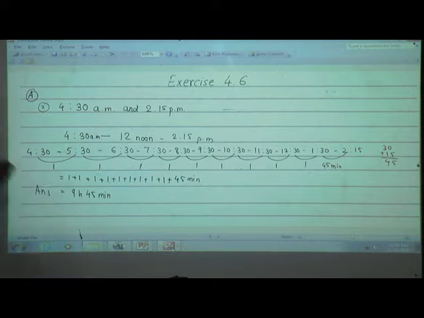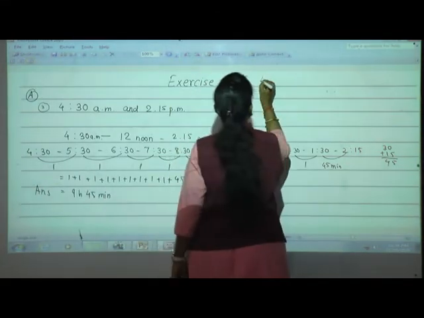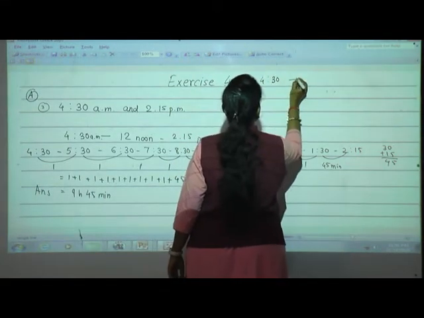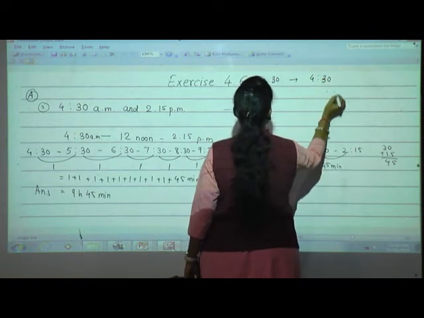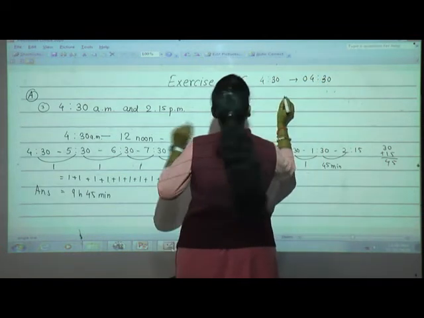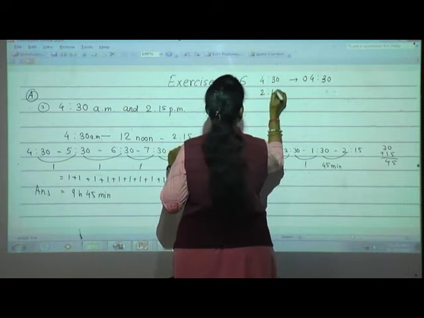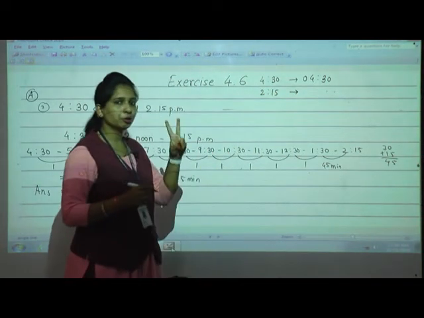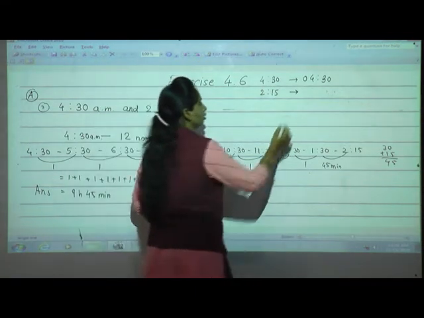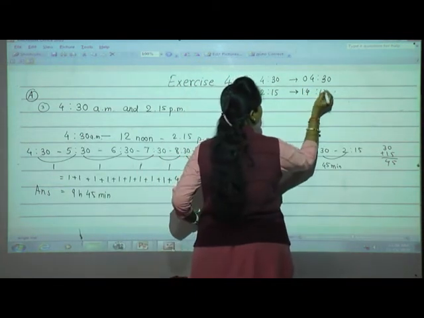See, 4:30 a.m. will remain the same, 4:30 only, and 2:15, see it's after 12 o'clock, so 2 means 13 and 14, 14:15.